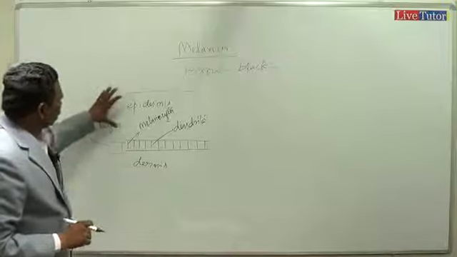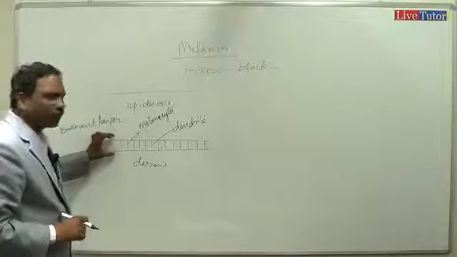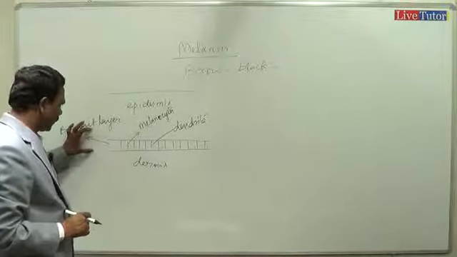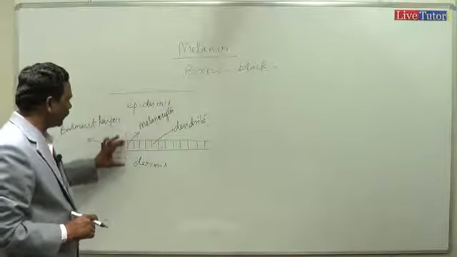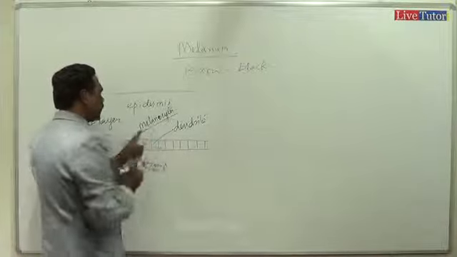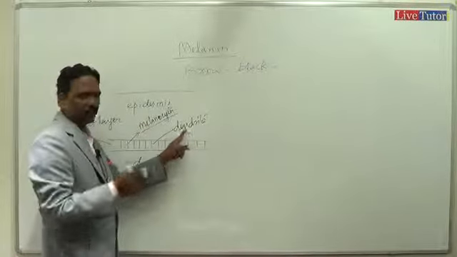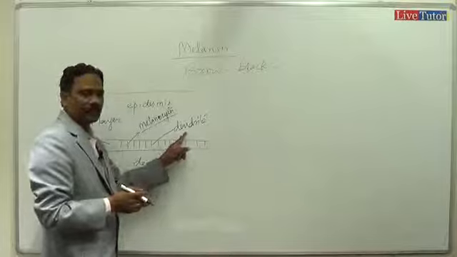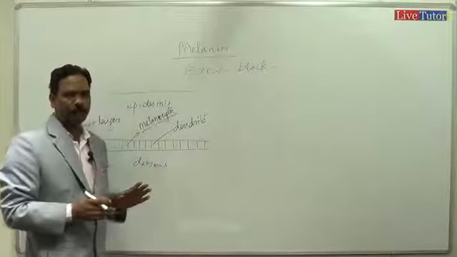So see here, the melanin pigment is produced in the basement layer present between the epidermis and the dermis. In which cell? Both in the melanocyte and the dendrite cell present in the basement layer.